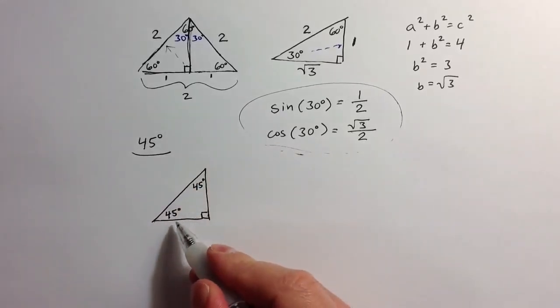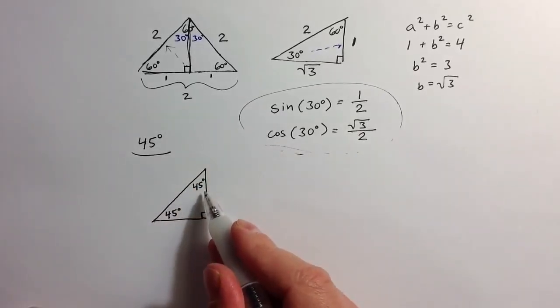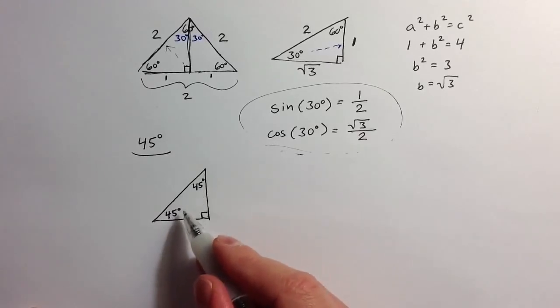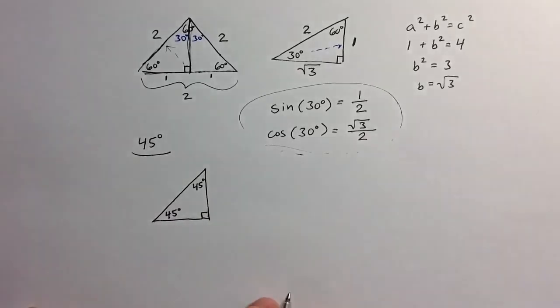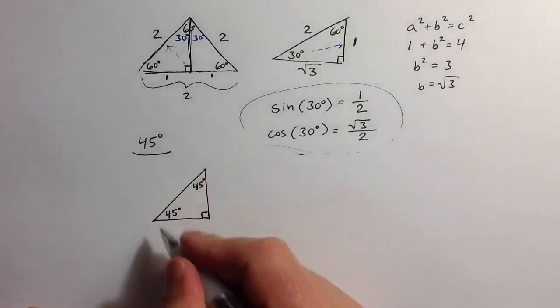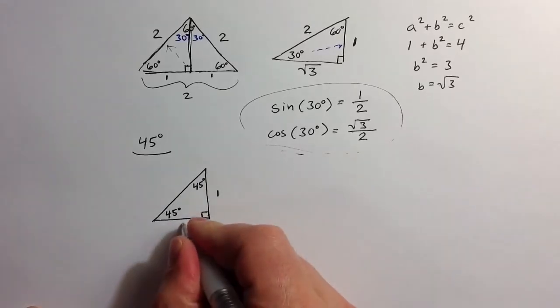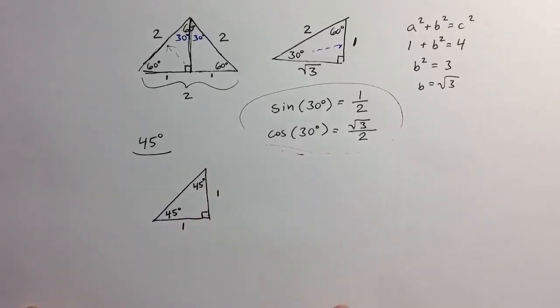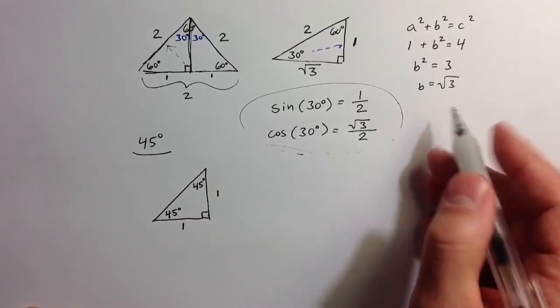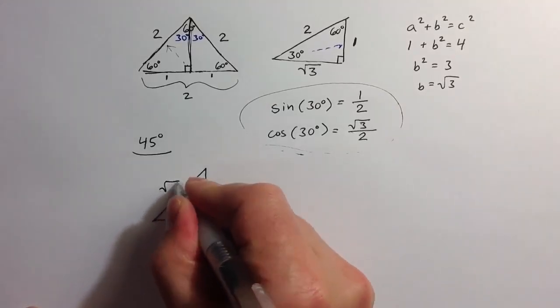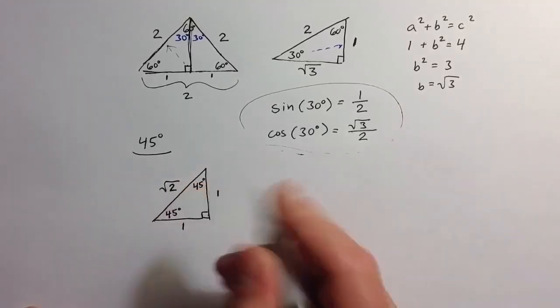So if one of the acute angles is 45 degrees, so is the other, because together they have to be 90 degrees. Well, that means this is an isosceles triangle. So if this side length, let's say, is 1, then so is that side length. Again, using the Pythagorean theorem, we can determine that the hypotenuse in this setup would be the square root of 2.